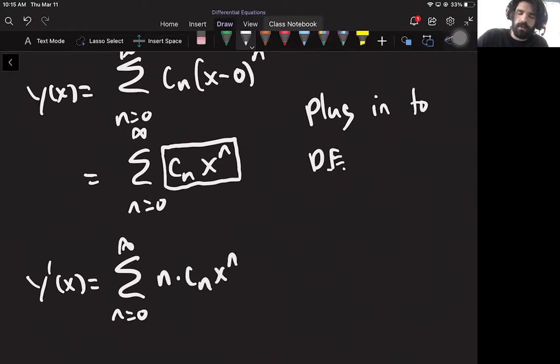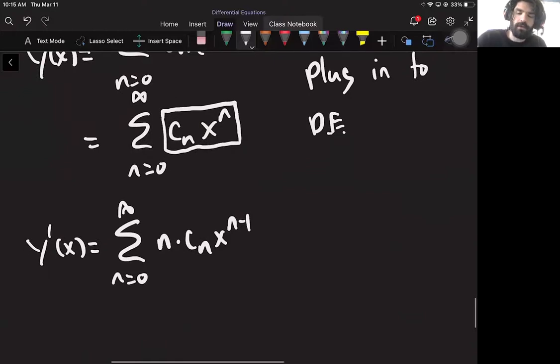And then I subtract the power. And that's it. But that means that the first term, the 0 term, is just 0 times. So when I plug in 0, I'm going to get 0 times this. So the 0th term is not even there anymore. You can rewrite it like this if you want.